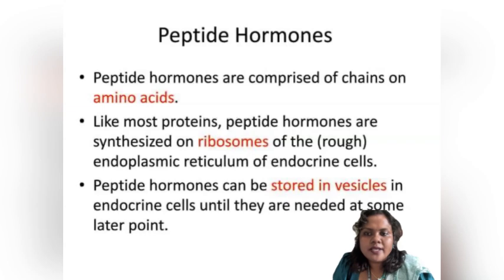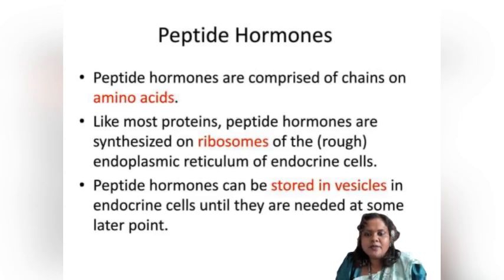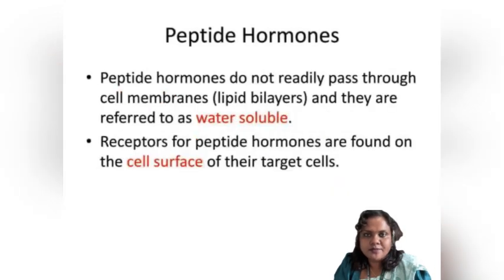They are comprised of chains of amino acids. Like most proteins, peptide hormones are synthesized on the ribosomes of the endoplasmic reticulum of endocrine cells, and they can be stored in vesicles in endocrine cells until they are needed at some later point.